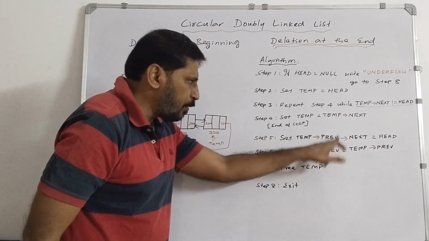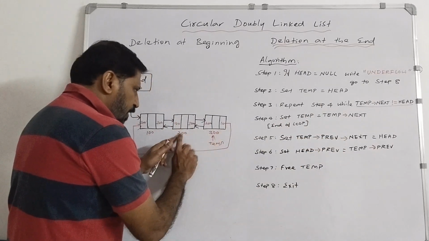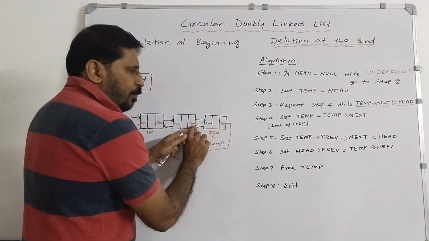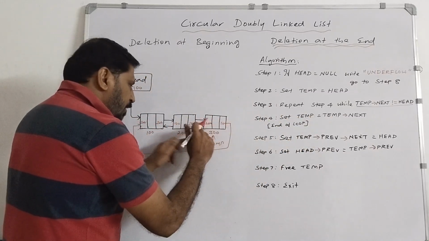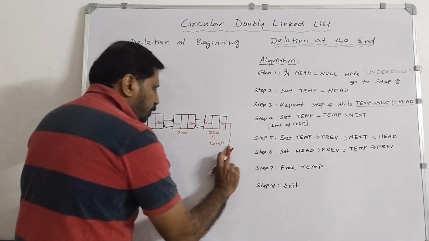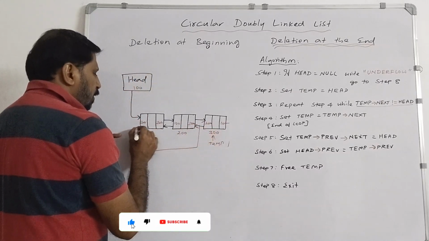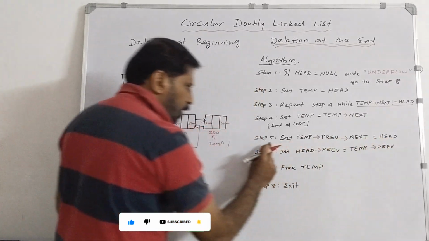Set temp previous next equal to head. It means I am disconnecting this link and making one new link from here to here. This is what the 5th step executes.